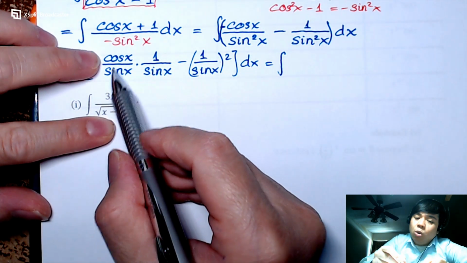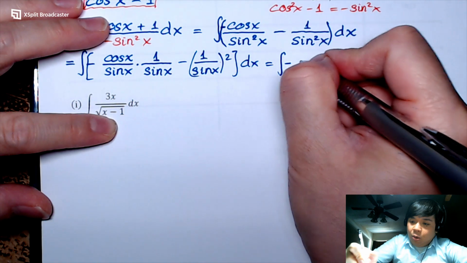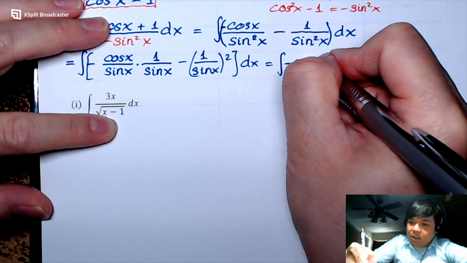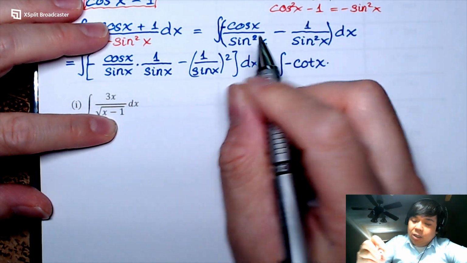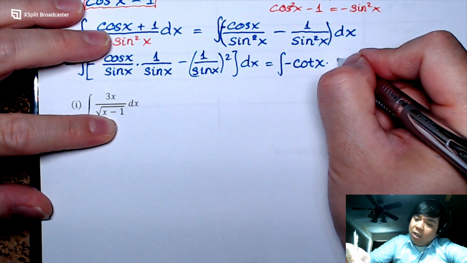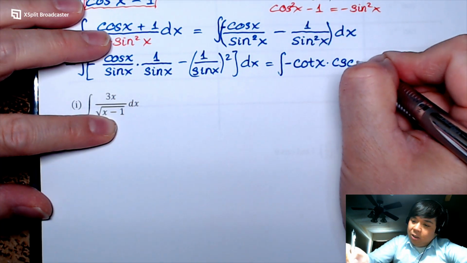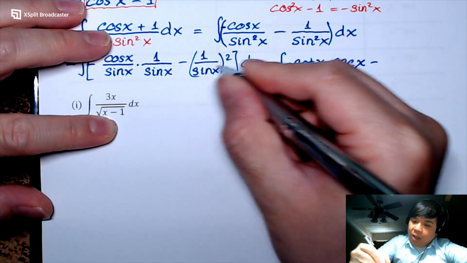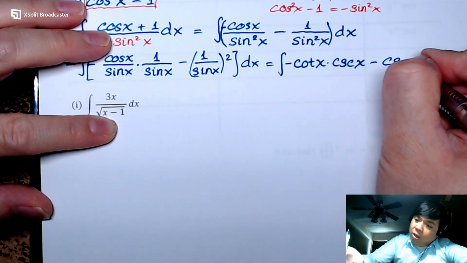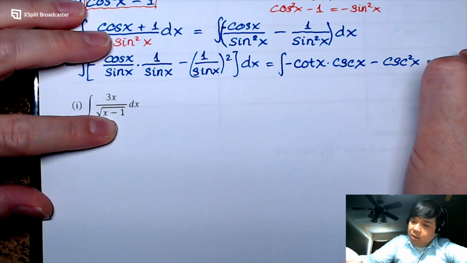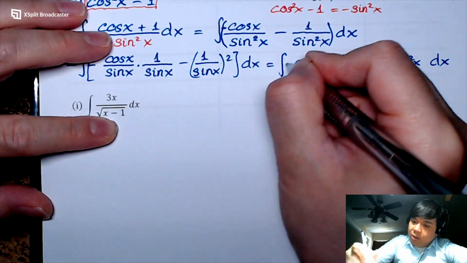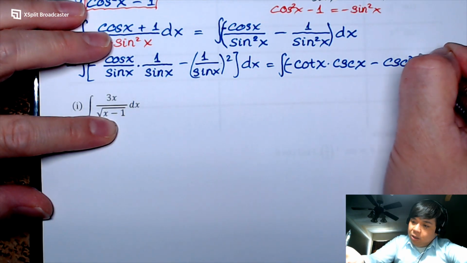Cosine over sine is cotangent. 1 over sine is cosecant. And that is cosecant squared.